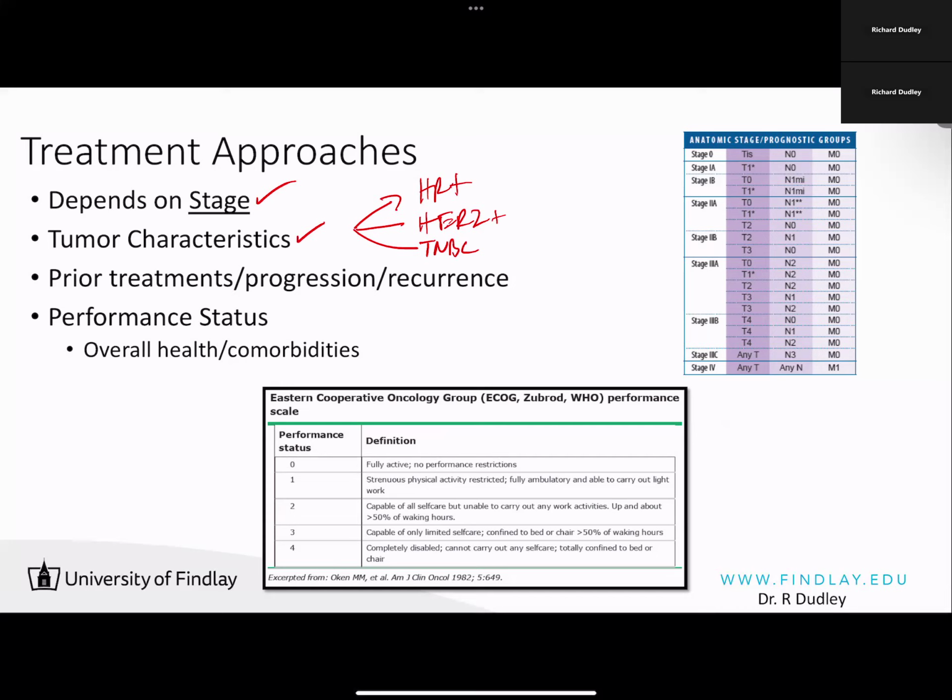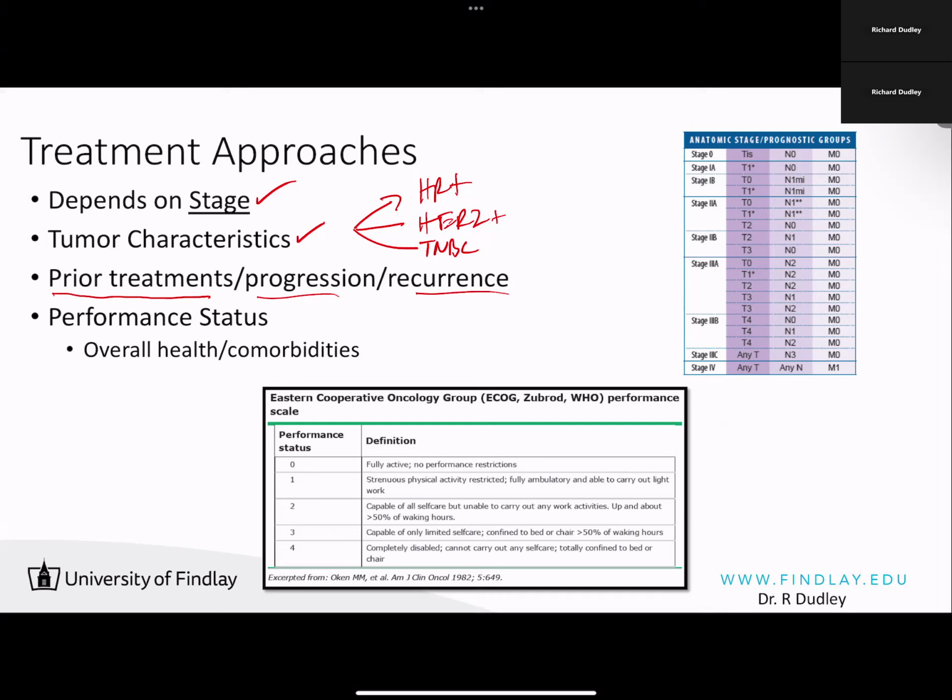We also do need to consider, is this patient presenting with de novo disease? Is this the first time? Are they having disease progression such that we're going to look at a second and third line regimen? Is this a recurrence? Is this a recurrence locally or is it a distant metastatic recurrence? Right?